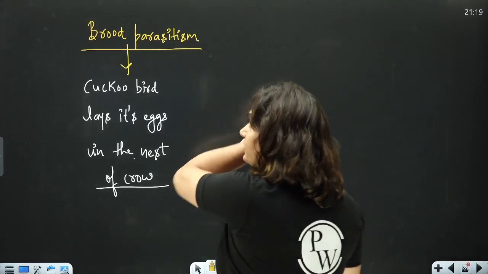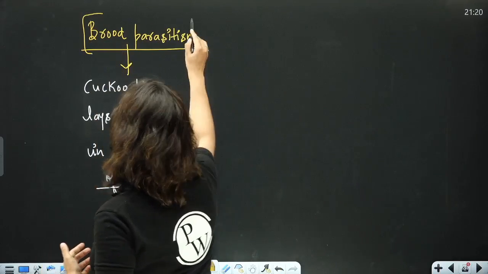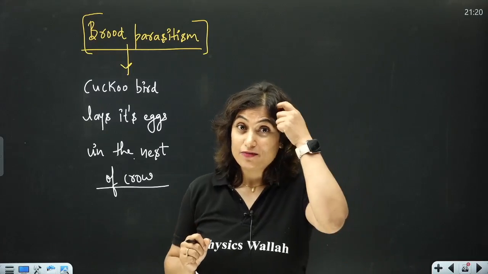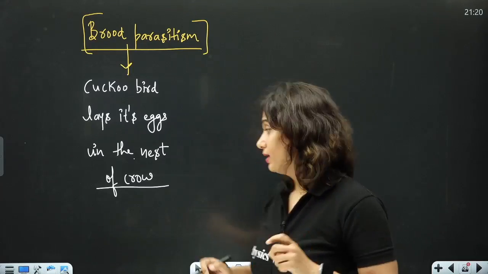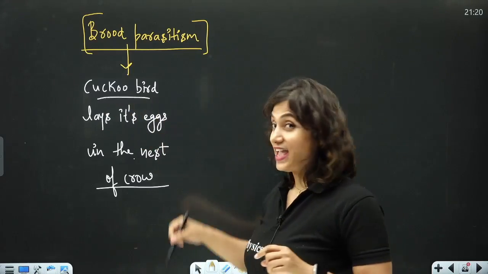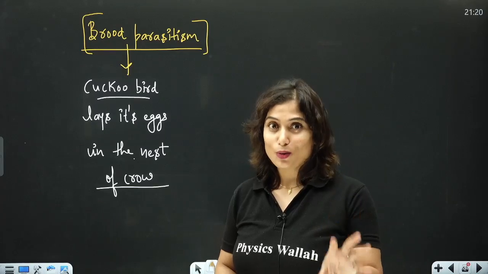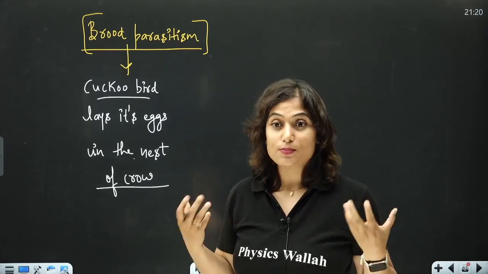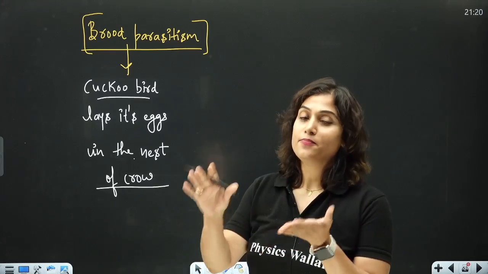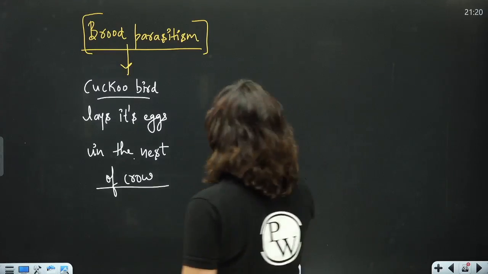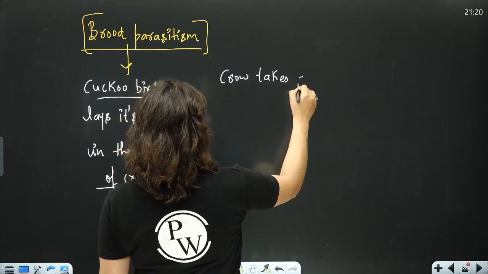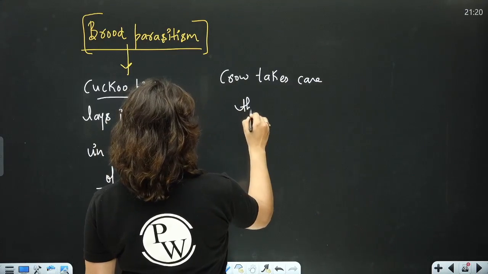Then there is another type of parasitism called brood parasitism. What is brood parasitism? You must have heard of the koel bird, the cuckoo bird. The cuckoo bird lays its egg in the nest of the crow, and the crow thinks, oh, this is my own offspring, and so the crow takes care of the eggs of the cuckoo bird.